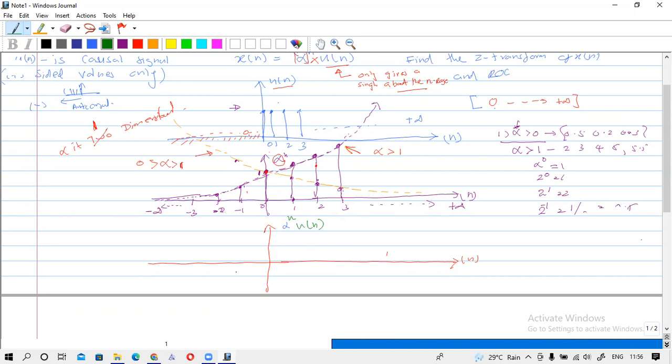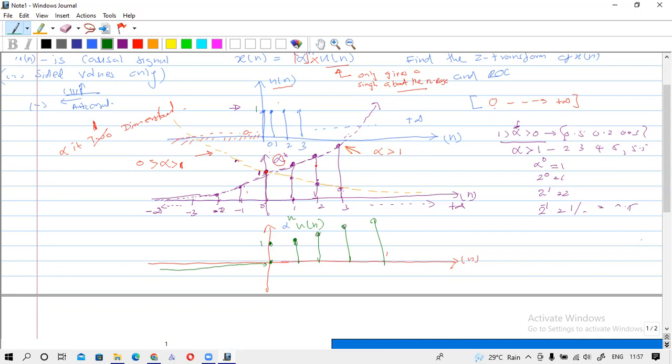So in our resultant signal, there is no value on the left, all are zero, and our signal will start from here, with this value 1. Let's imagine that alpha is greater than 1, so we will have this kind of samples. Because here it is 1 and all samples are multiplied by 1, we get the same alpha n value.